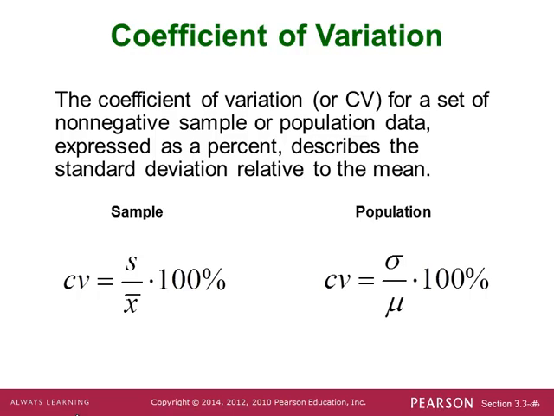But what you could compare against each other is the coefficient of variation. What you could do is take, for each data set, the sample standard deviation divided by the sample mean. And if you want to express it as a percent, then go ahead and multiply by 100%. And do this for each data set. Then you could talk about which data set has more variation and which has less variation. Okay?